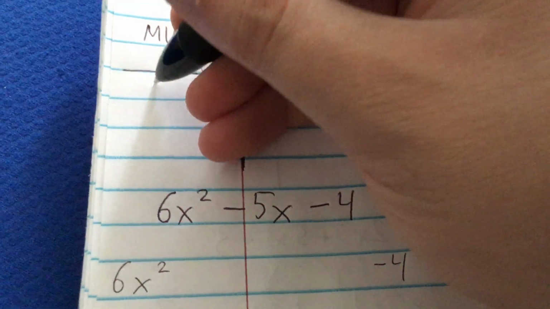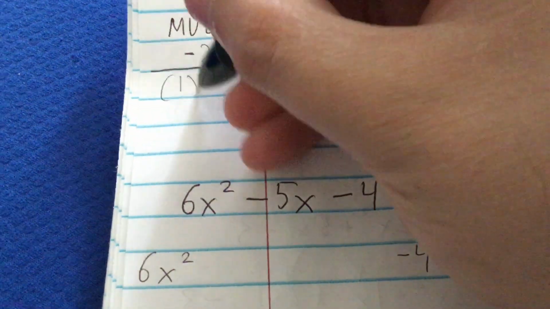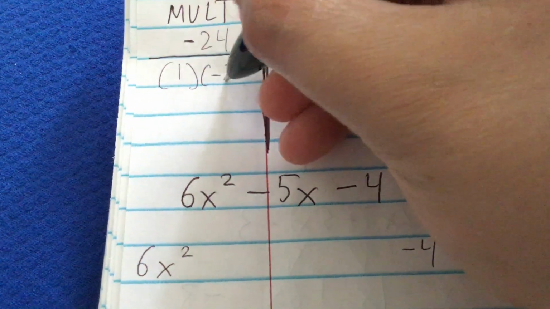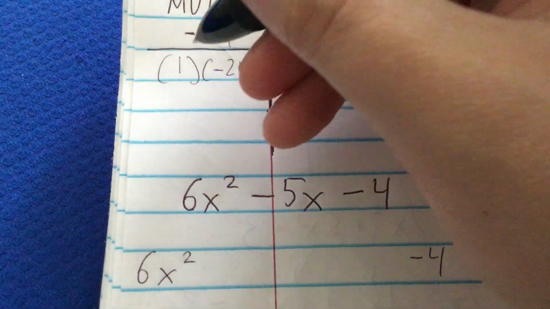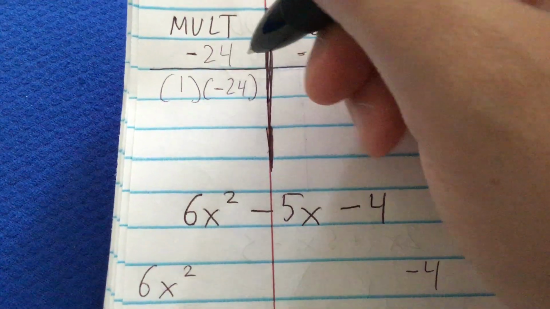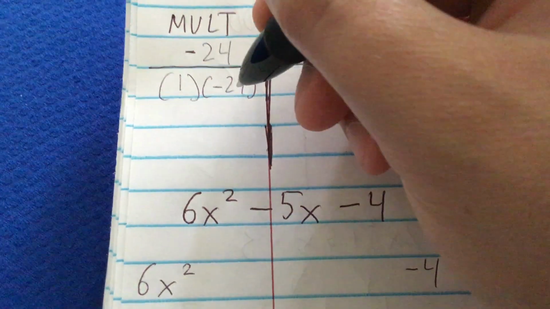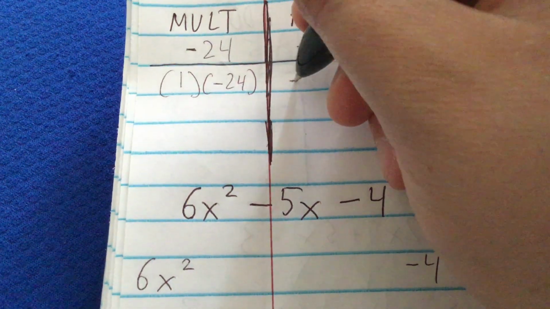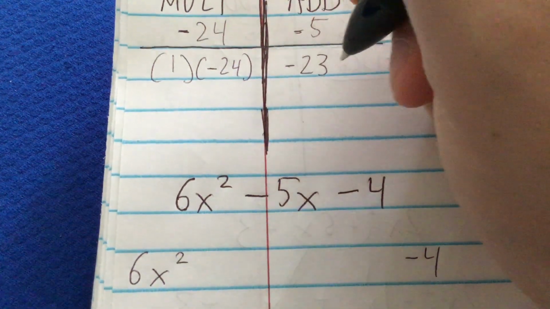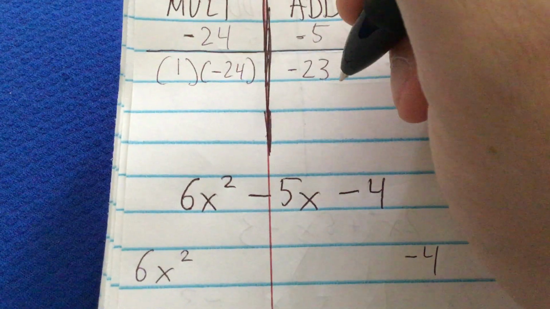So let's make a table of weak positives and strong negatives. 1 times negative 24 is negative 24. 1 plus negative 24 is negative 23. Okay, not even close.